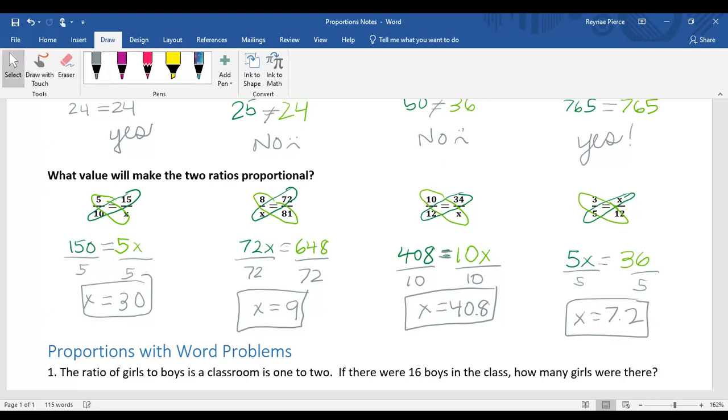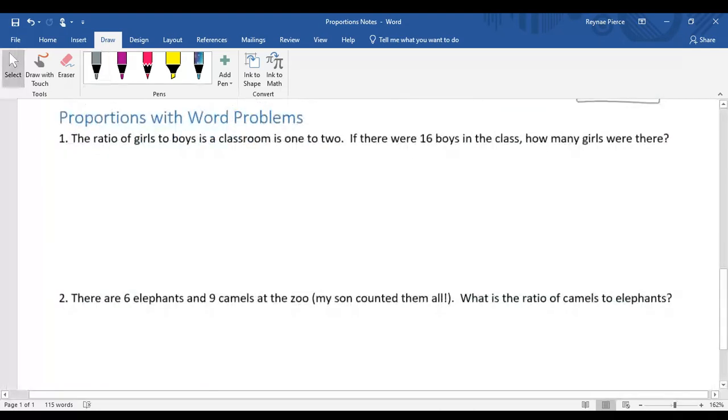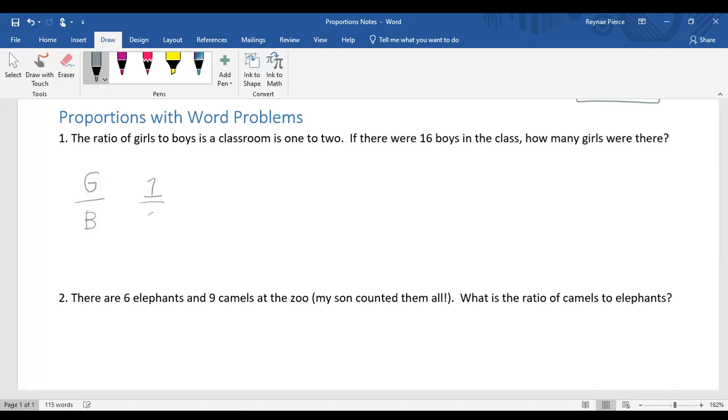Okay, and then just a couple word problems here. This says the ratio of girls to boys, so girls to boys, is 1 to 2. Okay, so in our numerator, we're going to keep the number of girls, and the denominator, we're going to keep the number of boys, just because that's how it appears in that first sentence, okay?